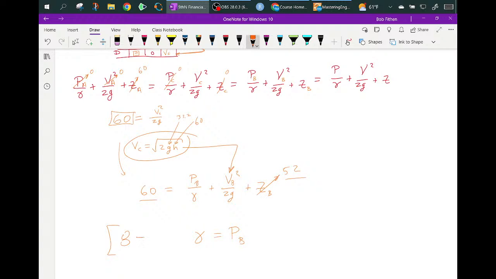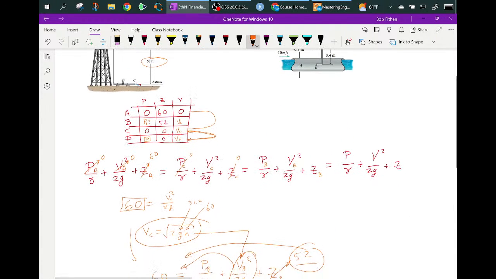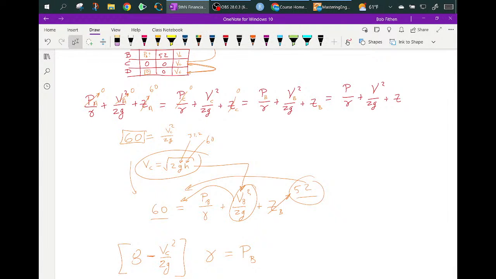And then I would want to take away this, move it to the other side, as well as move this to the other side. This would be VC squared over 2g. Why is it C? Well, because the pipe diameter remained the same, I think. Let me double check.